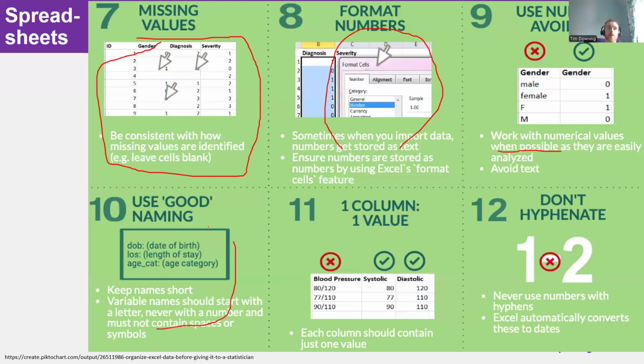Use consistent names that are linked to a data dictionary. If, for example, you're making a measurement where you have 2 different values that are linked to each other, referring to a single variable like blood pressure, you can split these into 2 columns. That means it's much easier to manage. And finally, don't use hyphens at all in your data set ever, because Microsoft Excel will just mess those up.